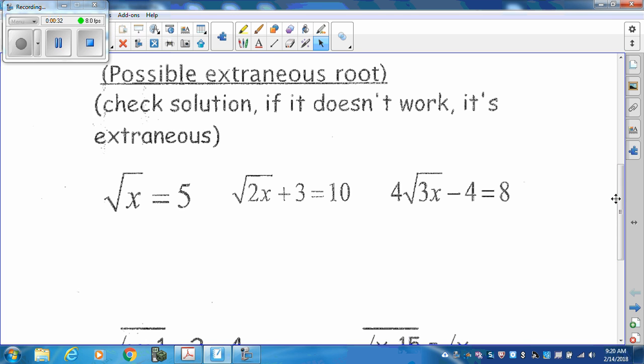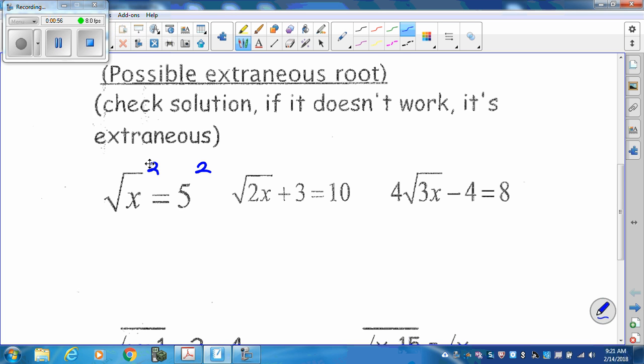And as always, algebra is algebra. Whatever you do to one side, you do to the other side. And you always do the inverse, all right? I want x by itself, so I'm going to do the inverse function of the square root, and that would be squaring. So I'm going to square this side and square this side.